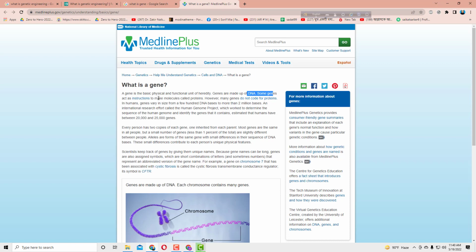Genes vary in size from a few hundred to more than 2 million. An international research report called... Every person has two copies of a gene, one inherited from each parent.